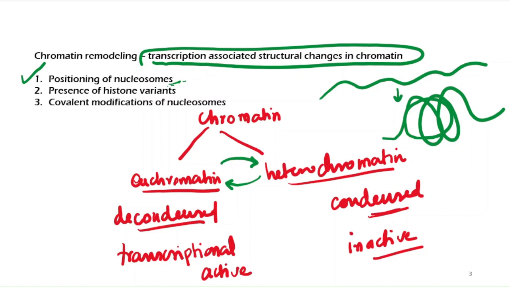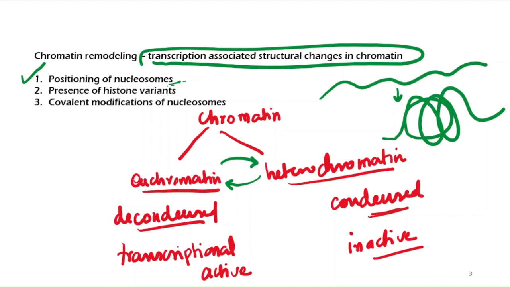If you alter the positioning of histones, how histones are tightly bound to this DNA changes. We all know histones are very positively charged because they are rich in basic amino acids like lysine and arginine, and DNA is negatively charged. Because these two charges are opposite, they bind tightly.